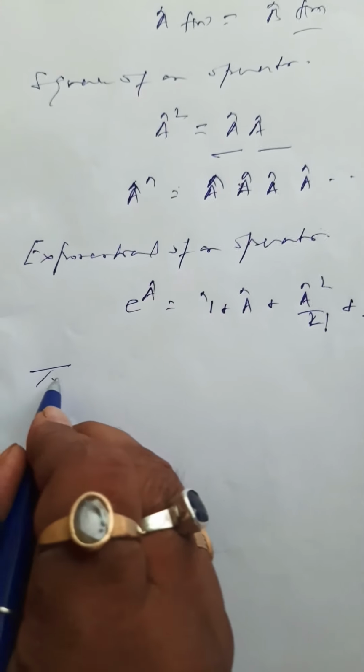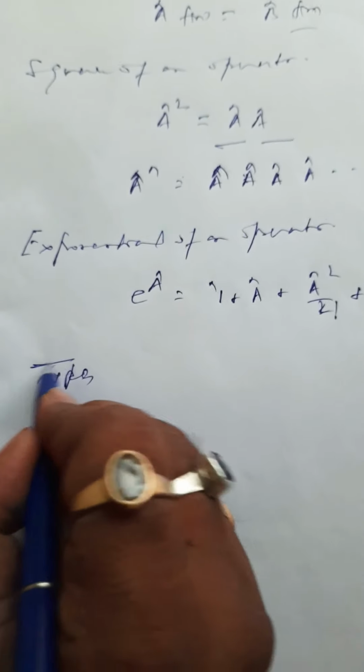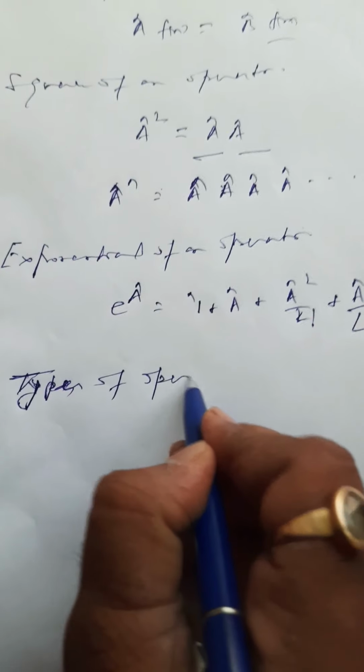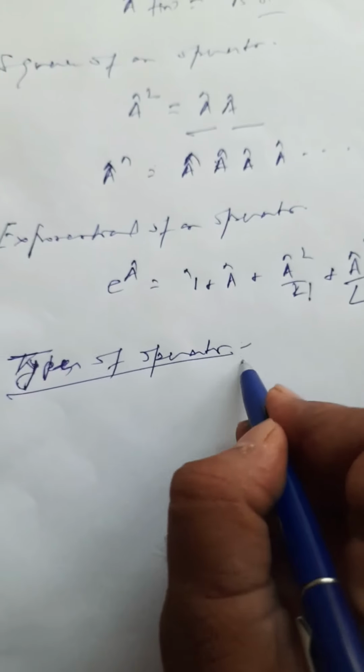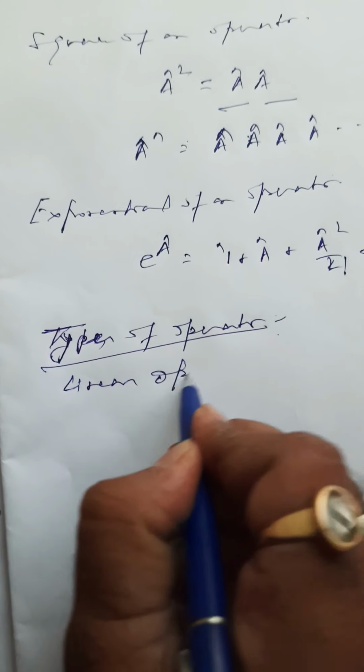Now we should have an idea about the types of operators. So here we talk about the linear operator.